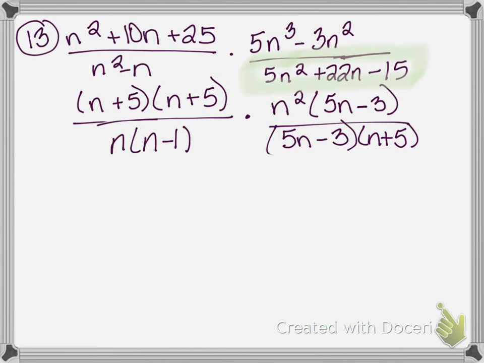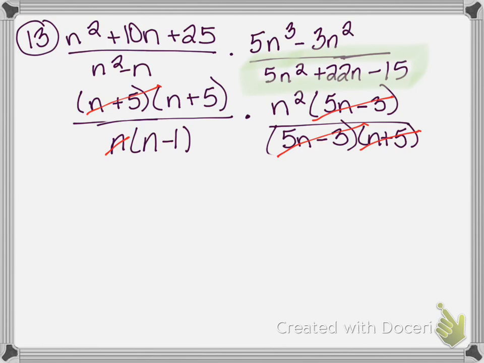So now we can start canceling things out. So I have n plus 5 here and an n plus 5 here. I have 5n minus 3 and 5n minus 3. I also have an n in the denominator and an n squared in the numerator.